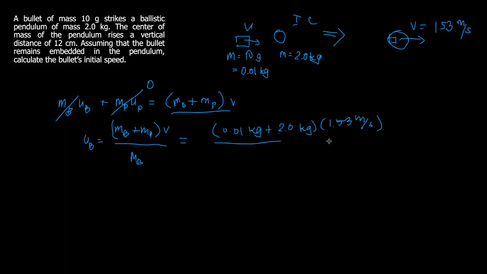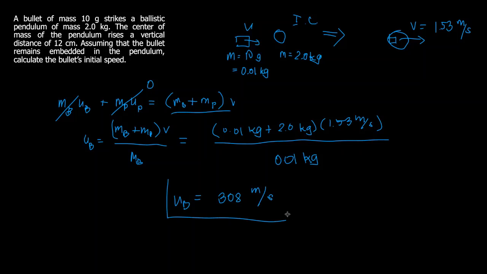And you're gonna divide that whole expression by the mass of the bullet, which is again 0.01 kilograms. And compute for that, then your initial bullet velocity is 308 meters per second. So that's our answer for problem number 6.